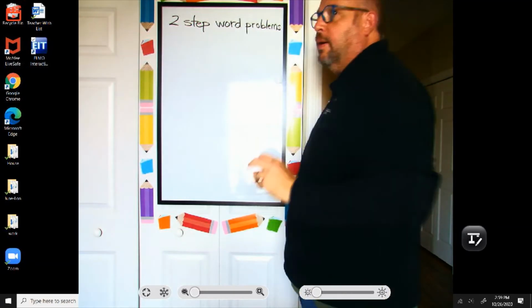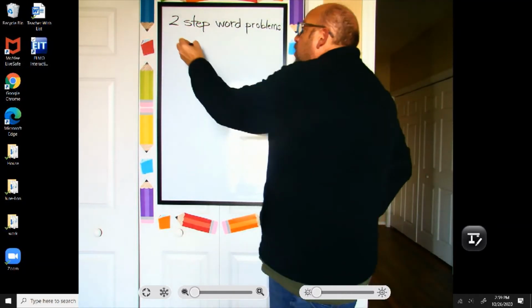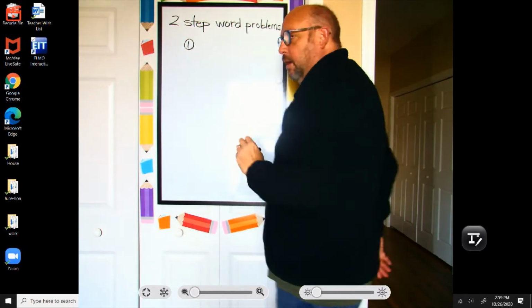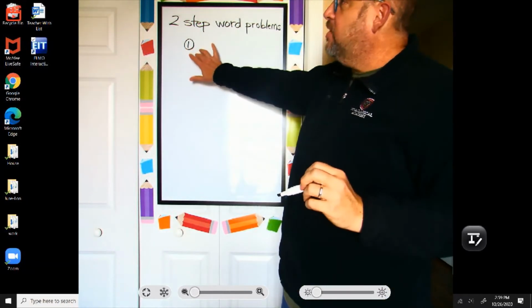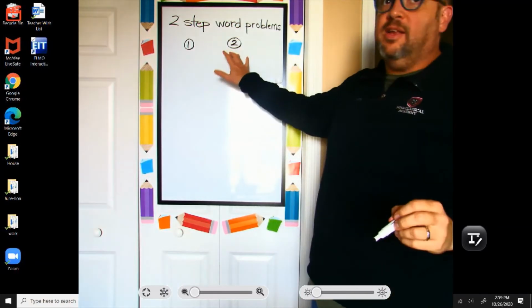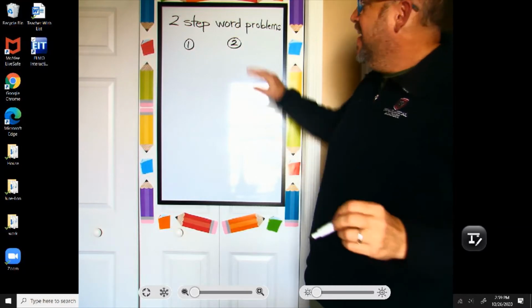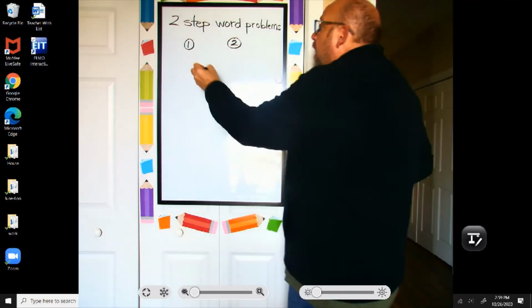You are correct. So remember, scholars, two-step word problems means you're going to do one problem, and then the answer to that problem is then used on a second problem to get to the answer to the question that we're being asked. That's our work today.